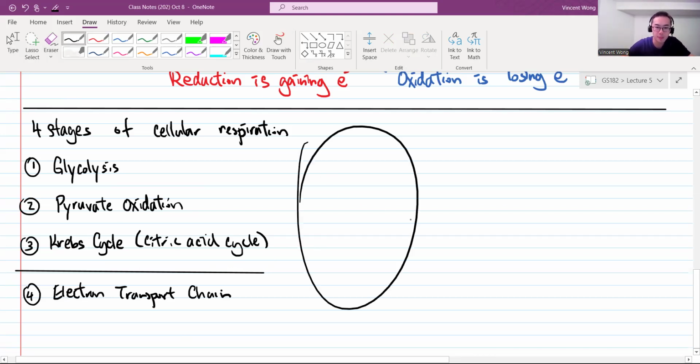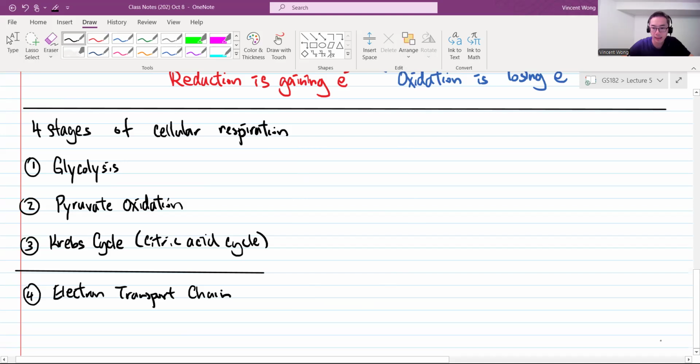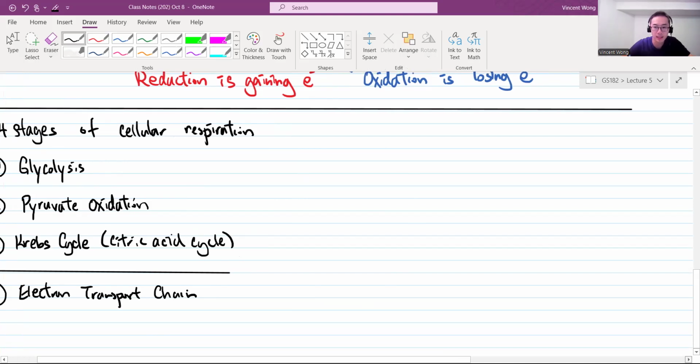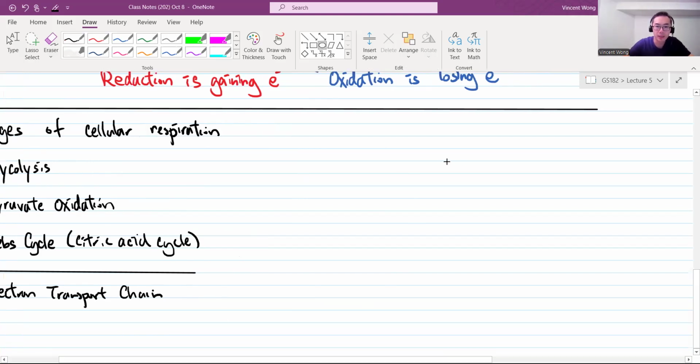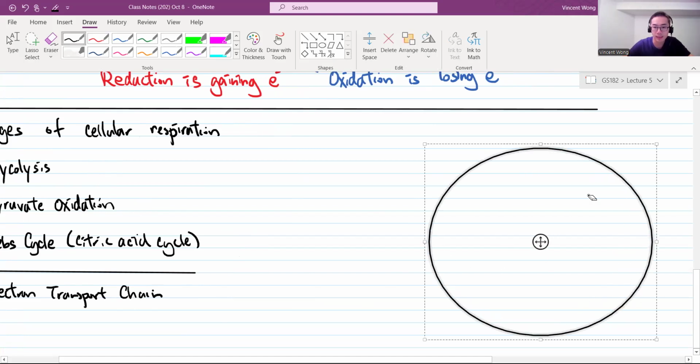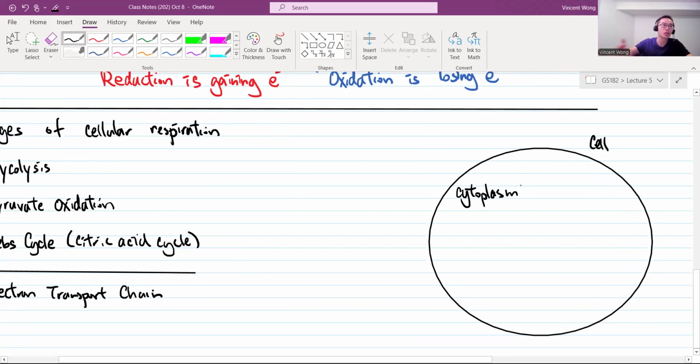Now leave a bit of space here, okay? And then we're gonna go to the right side here, and I'm gonna draw a cell. This is the cell, and this is the cytoplasm. Now, if you have been following along, then you remember the cellular respiration happens partly in the cytoplasm and partly in the mitochondria.